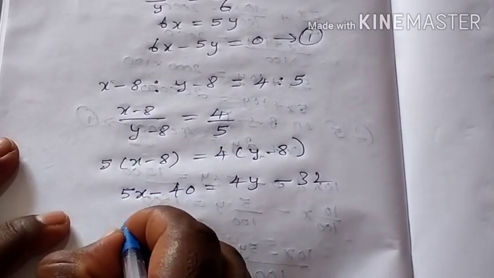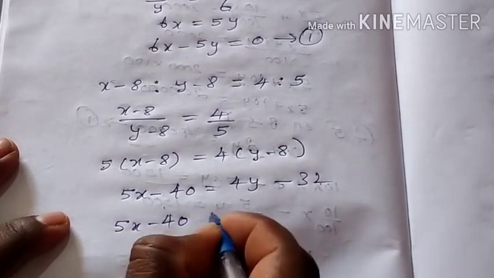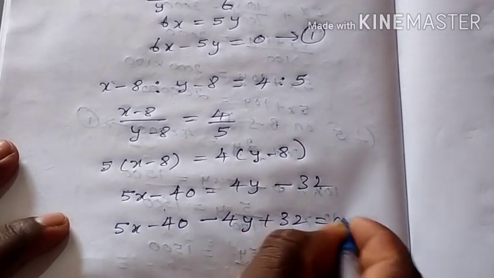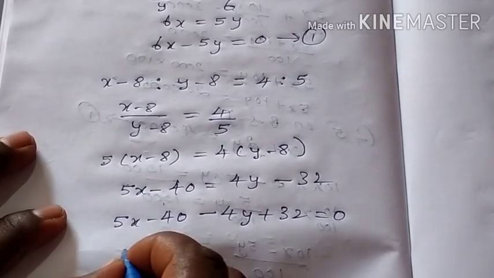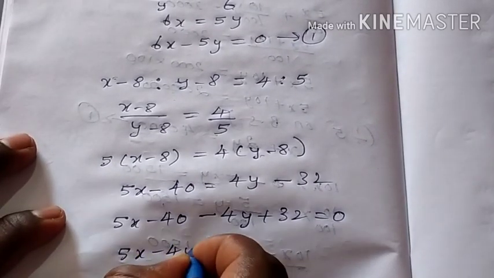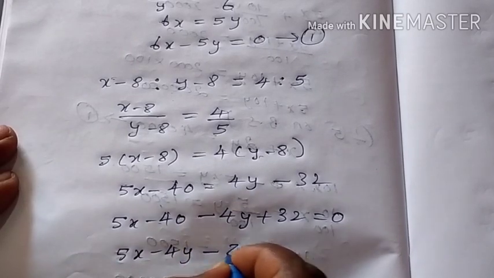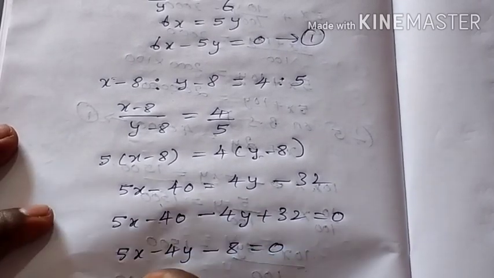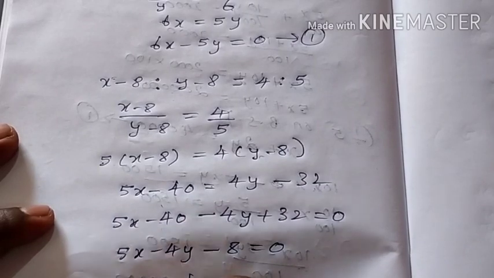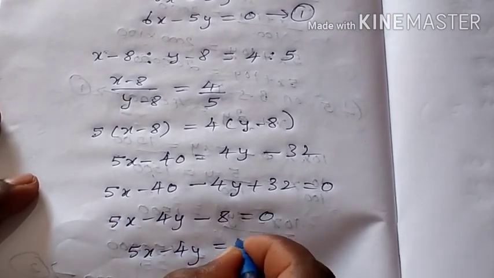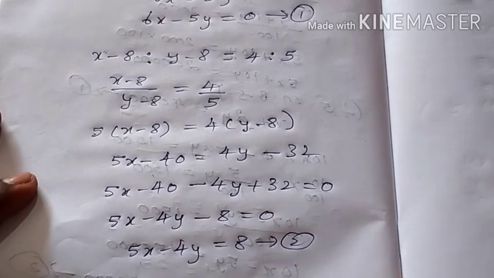Then 5x minus 40, making the transposition, we get 5x minus 4y minus 40 plus 32 equal to 0. Totally minus 8 equal to 0. So 5x minus 4y equal to 8. This is equation number 2.